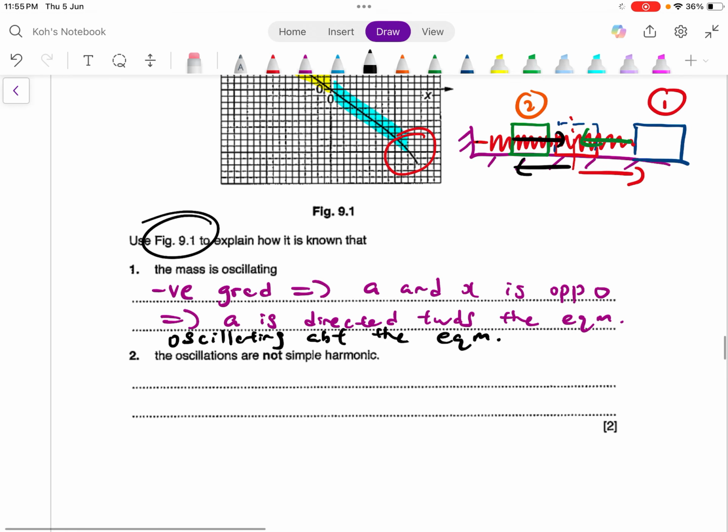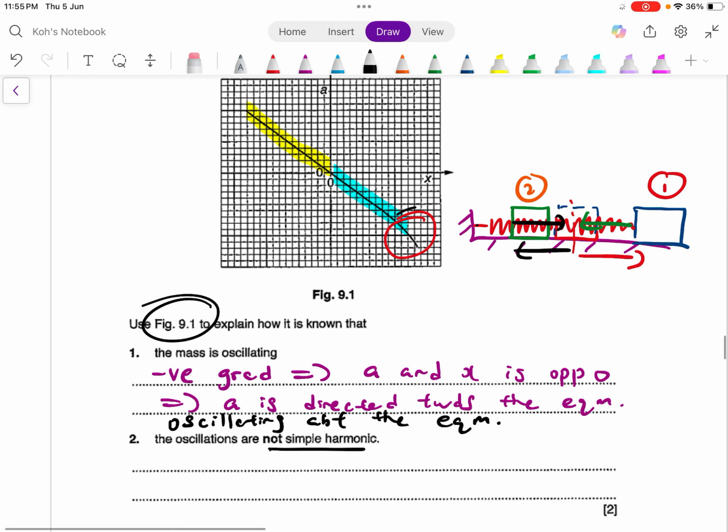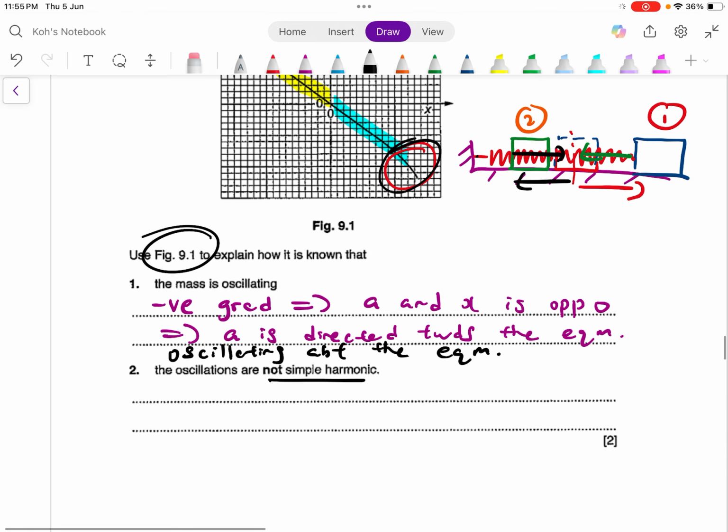Okay, so let's go to number 2. Explain why the oscillation is not SHM. If you look at the graph, there's a curvy part right here. This tells me that the acceleration and the displacement are not directly proportional. That's why it's not SHM.